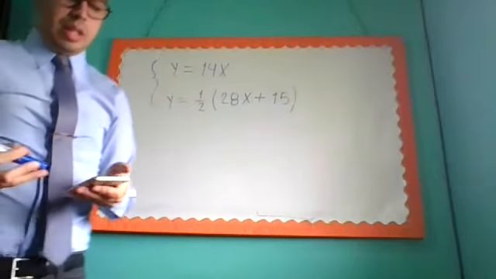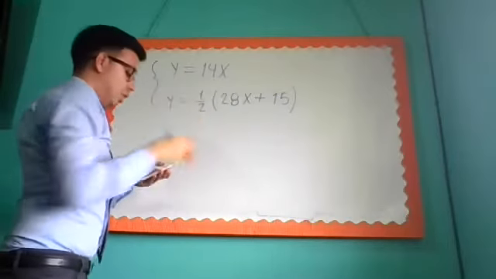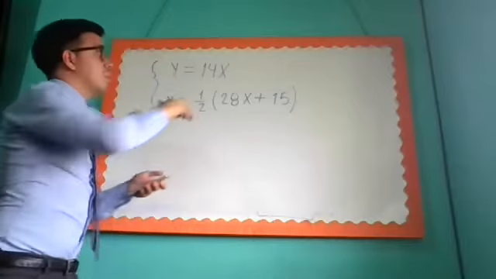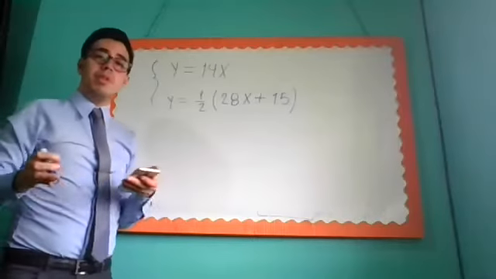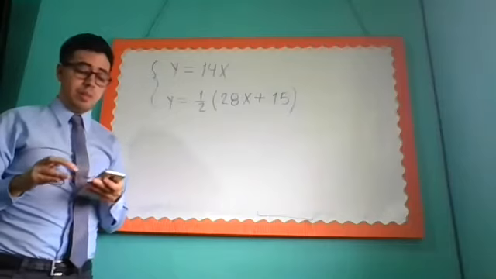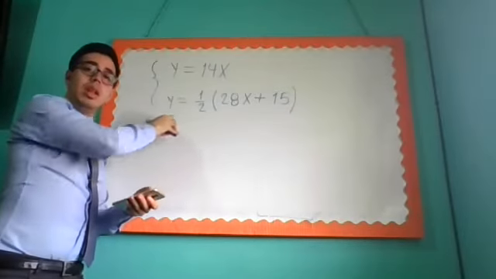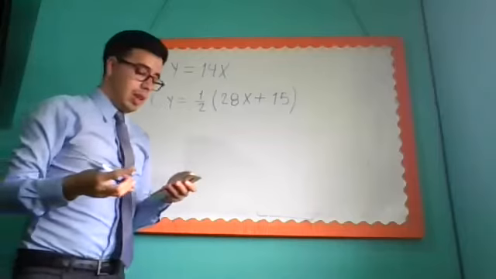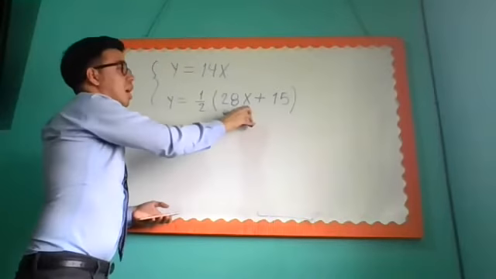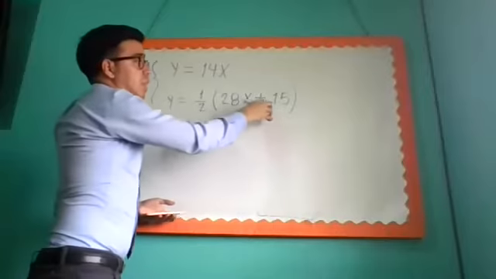How do you obtain this, guys? The first one is $14 per hour, so we represent x as the number of hours. We don't know the number of hours they are going to be there. The other equation is for the other studio: $28 per hour, again the number of hours x, plus $15.